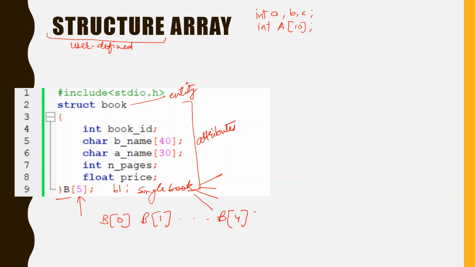Each item denotes a book, and there are a total of 5 books that can be stored. Obviously each book will have its own attributes. If there are 5 attributes, each book will have 5 attributes individually. So B0 would have a book ID, similarly B1 is also going to have a book ID, B4 is also going to have a book ID, and so on.